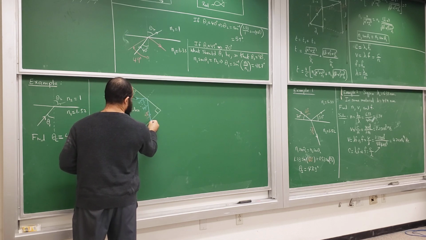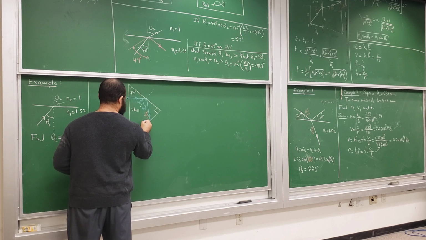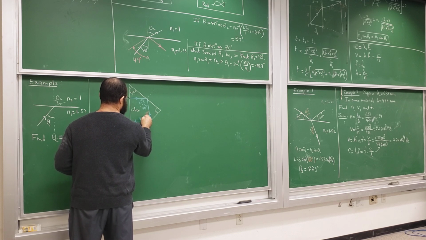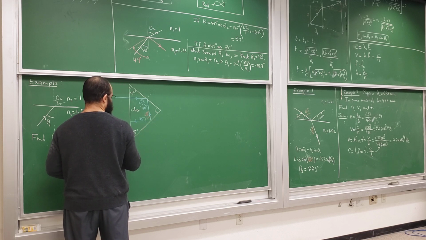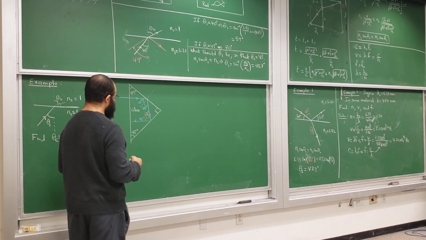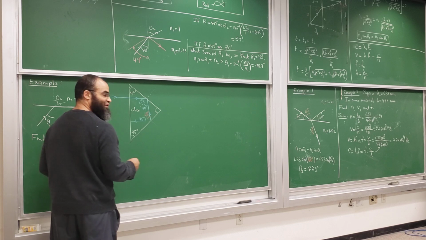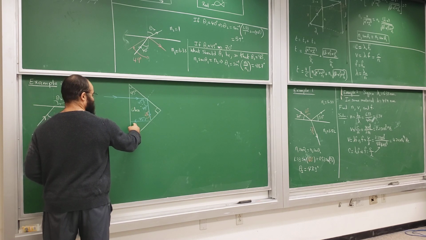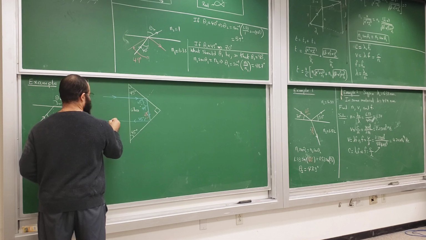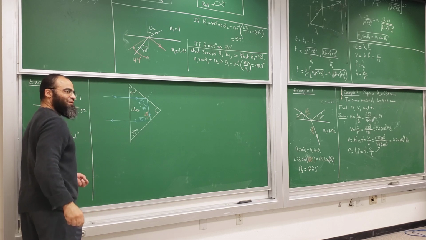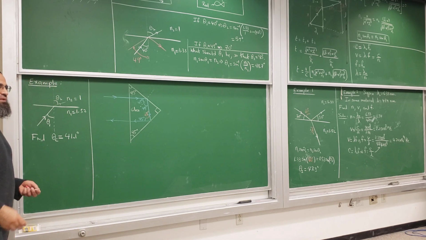Therefore, it will reflect, and it goes this way. This angle here is 45 because the angle of incidence equals the angle of reflection. And now when it comes out, does it go straight or bend either way, up, down? Straight, because the angle of incidence here is 0. That's the way it comes out. Okay. Make sense?